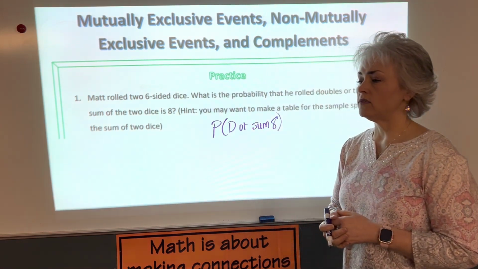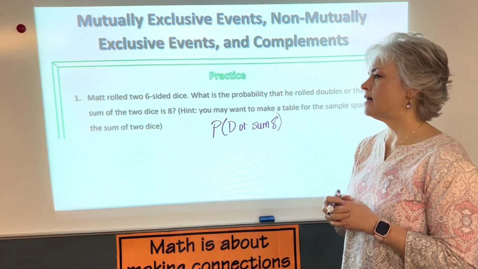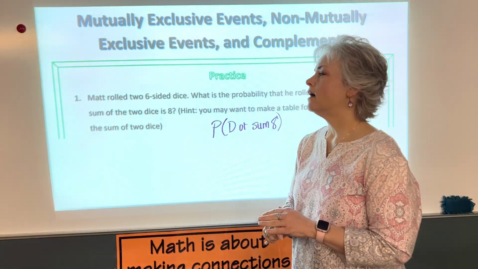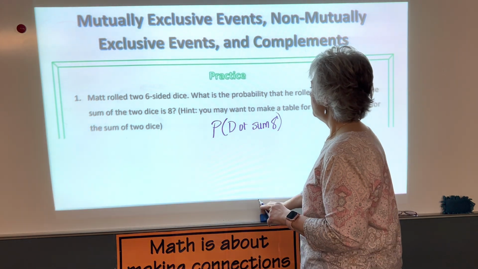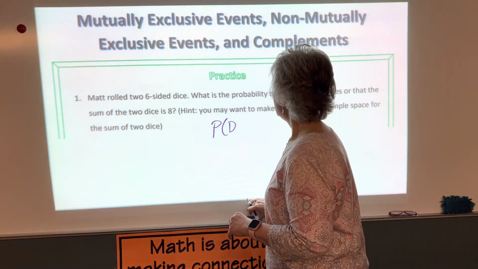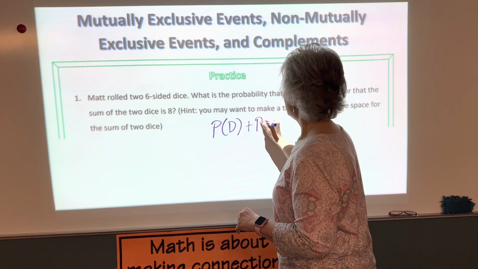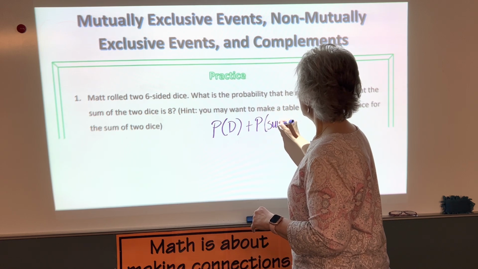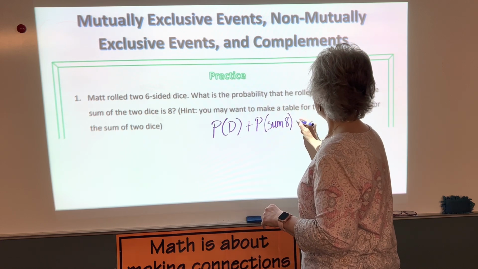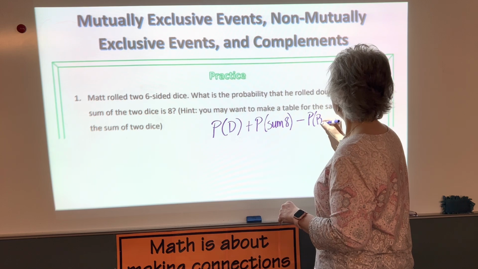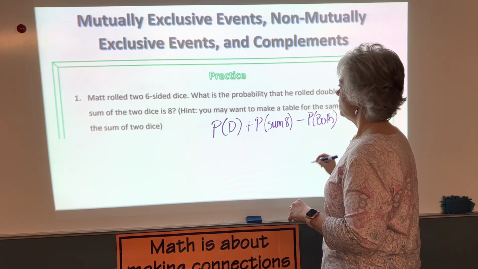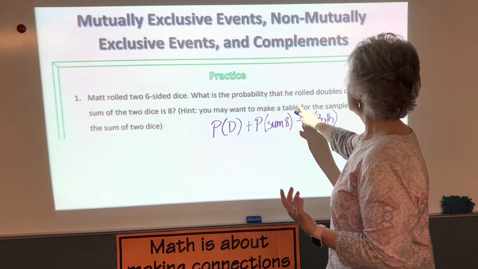And that could overlap, right? So that is not mutually exclusive. So we're going to find the probability of doubles plus the probability of a sum of 8, and we have to subtract the probability of both.